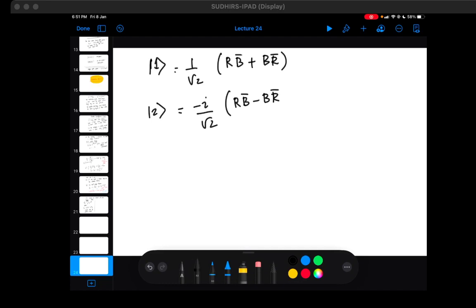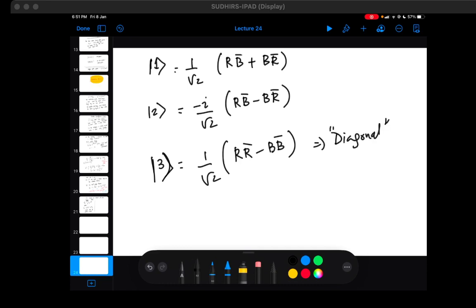So you can see this is the diagonal generator. The fourth state would be, and similarly you have the next state.